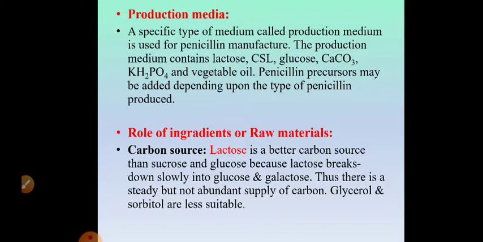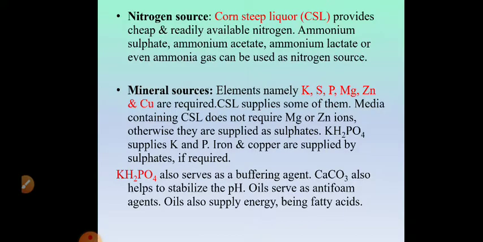So the production medium which we use contains lactose sugar, corn steep liquor, glucose, calcium carbonate, KH2PO4 and vegetable oils plus precursors. Why does it contain lactose in addition to glucose? Lactose is a better carbon source than sucrose and glucose because lactose breaks down slowly into glucose and galactose, and there is a steady but not abundant supply of carbon. So a slow supply of carbon is there. Glycerol and sorbitol are less suitable, so they are not used.